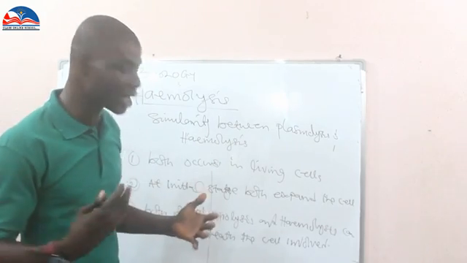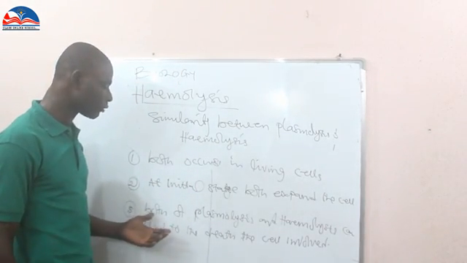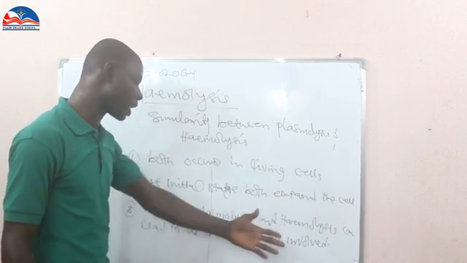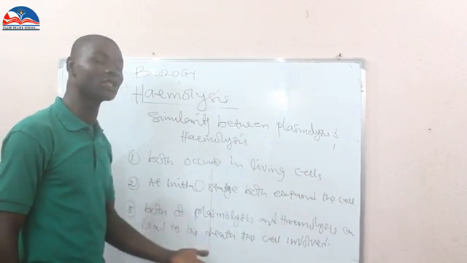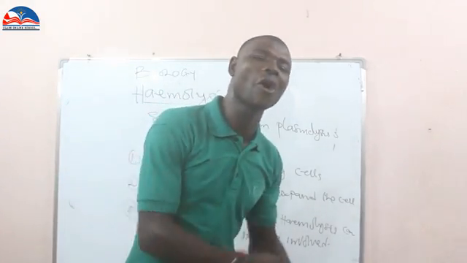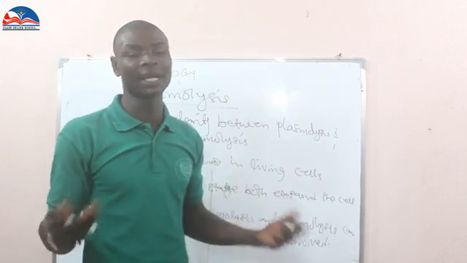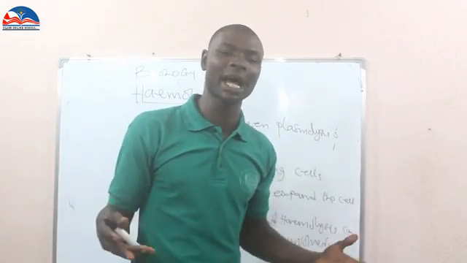Third, both plasmolysis and hemolysis can lead to the death of the cells involved, either plant cells or animal cells.